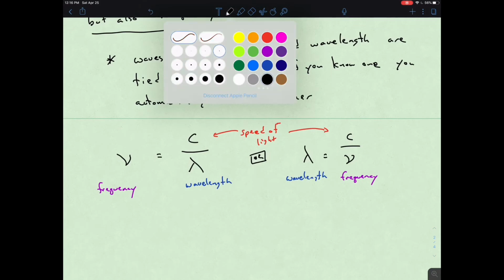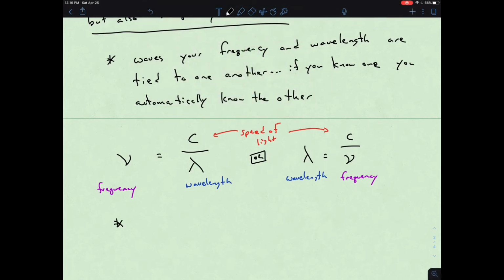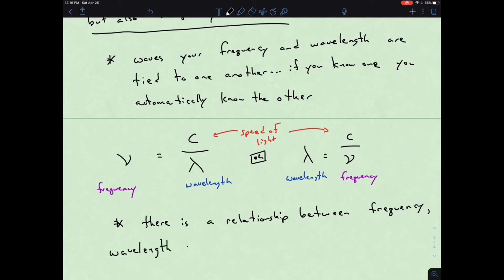And so that also means then that there is a relationship between frequency, wavelength and energy.